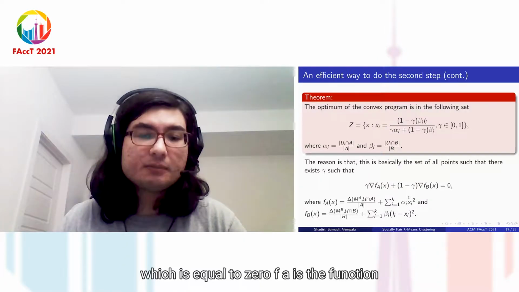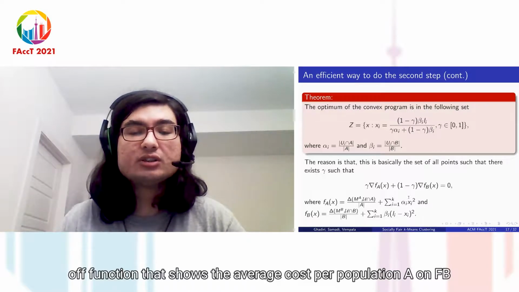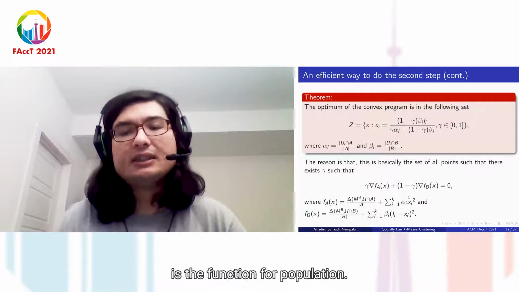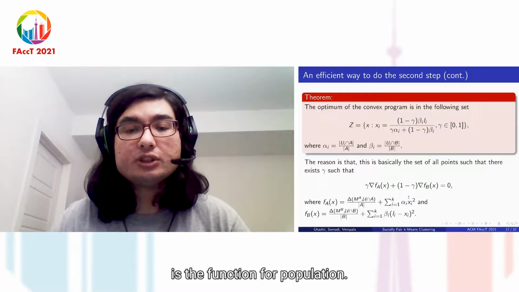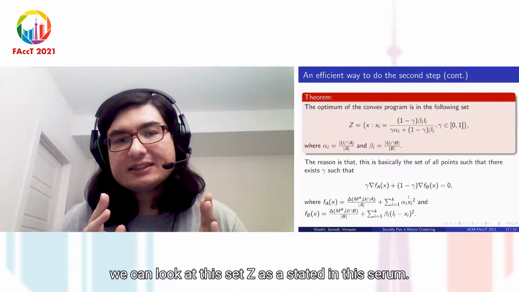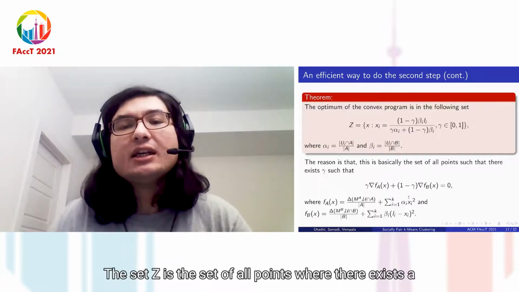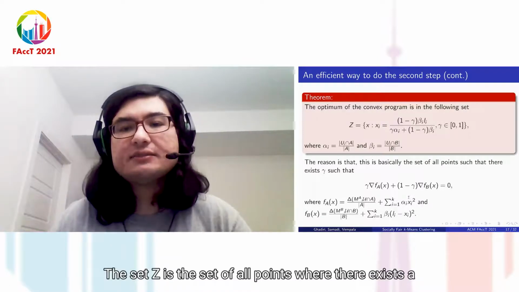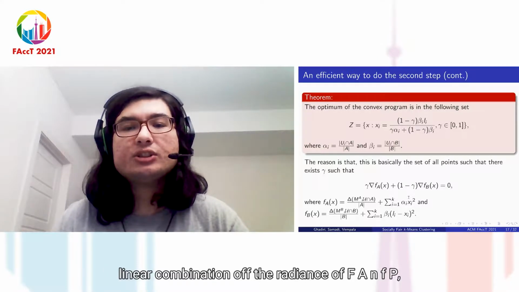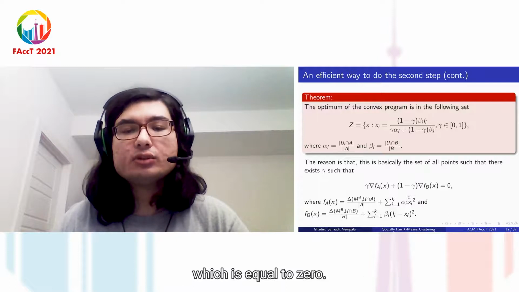Fa is the function that shows the average cost for population A, and fb is the function for population B. Because this linear combination should exist, we can look at the set Z as stated in this theorem. The set Z is the set of all points where there exists a linear combination of the gradients of fa and fb which is equal to 0.